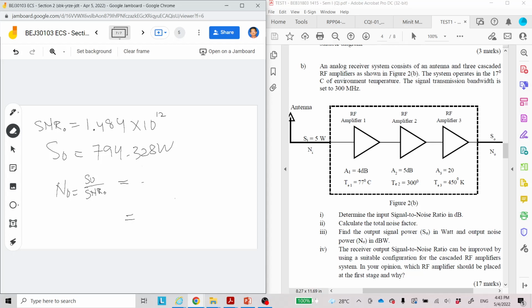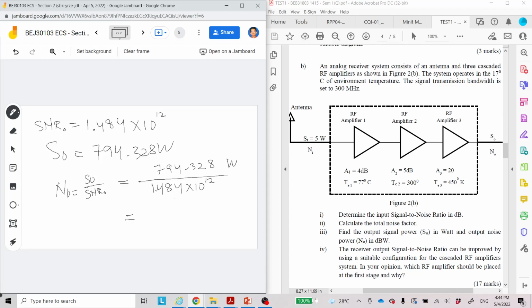So this is supposed to be SO, 794.328, divided by 1.484 multiplied by 10 power of 12.